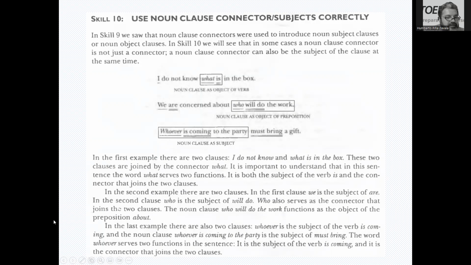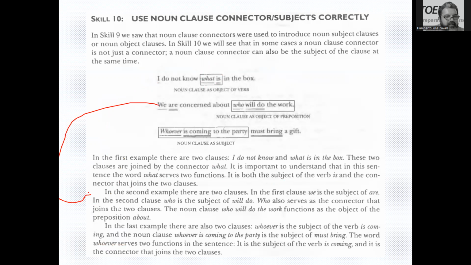So in the first example, there are two clauses: I do not know and what is in the box. These two clauses are joined with the connector what. It's important to understand that in this sentence, the word what serves two functions. It is both the subject of the verb is and the connector that joins two clauses. Okay, that's what we're saying.